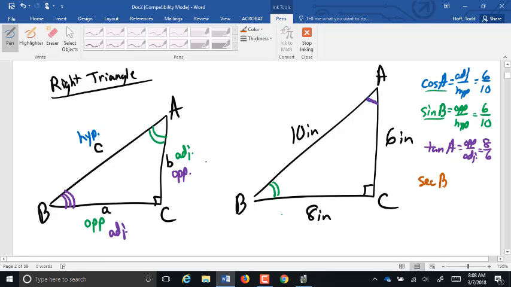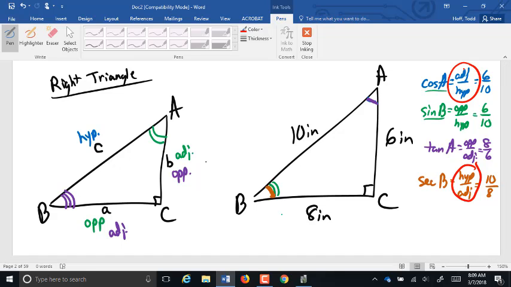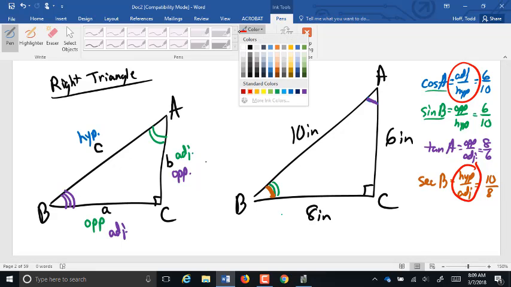Secant of B. Remember, secant is hypotenuse over adjacent. Then this one, that'll be 10 over, for angle B, what's the adjacent leg? 8. Note, secant and cosine, they are reciprocals, aren't they? Cosine is adjacent over hypotenuse. Secant is hypotenuse over adjacent. That's why we just did 1 over cosine.